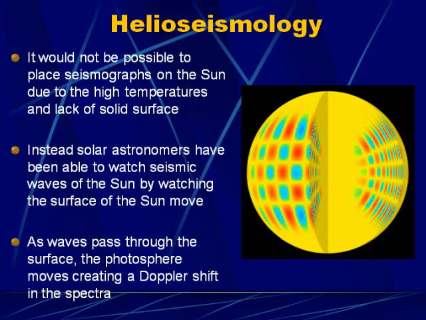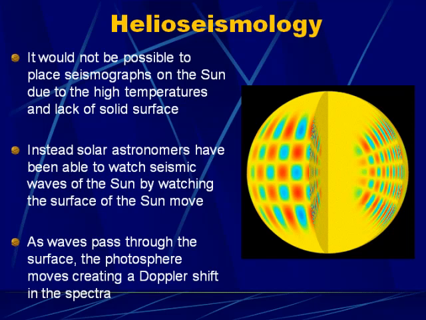We could do the same thing with the sun. However, placing a seismometer on the surface of the sun would be really, really difficult. Instead, because the sun is basically one big ball of gas, we can watch the surface and see as the surface moves, using Doppler shifts to tell exactly how the waves are traveling through the interior.